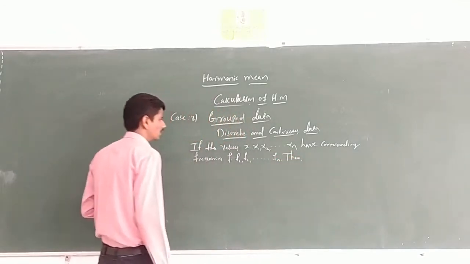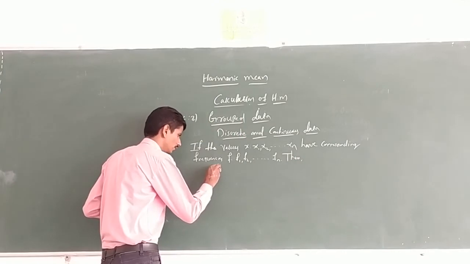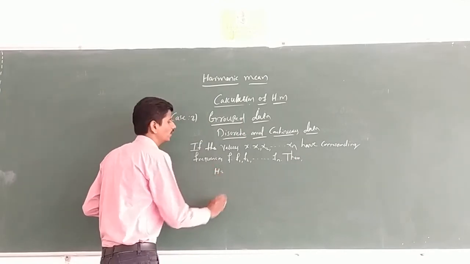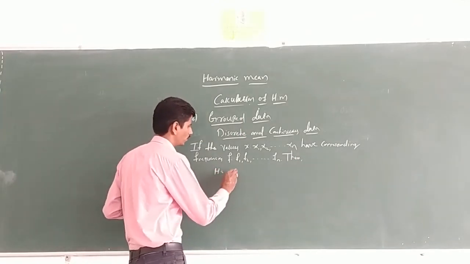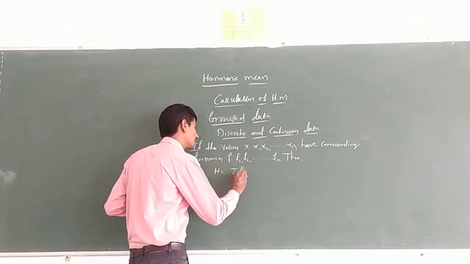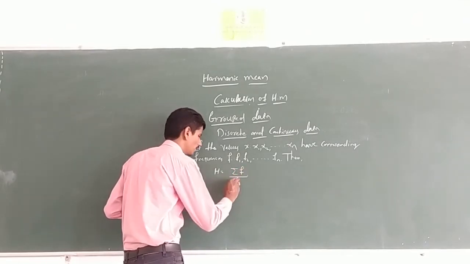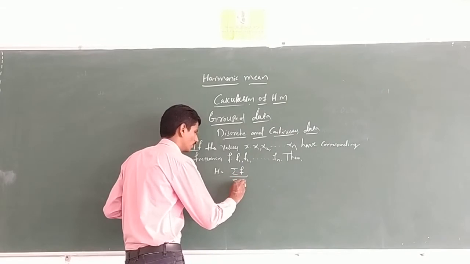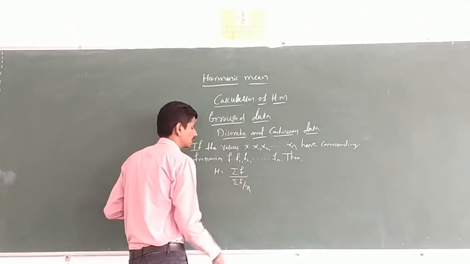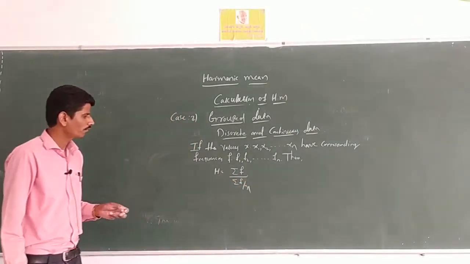Then the harmonic mean can be calculated as H equal to sum of f divided by summation of f by x.